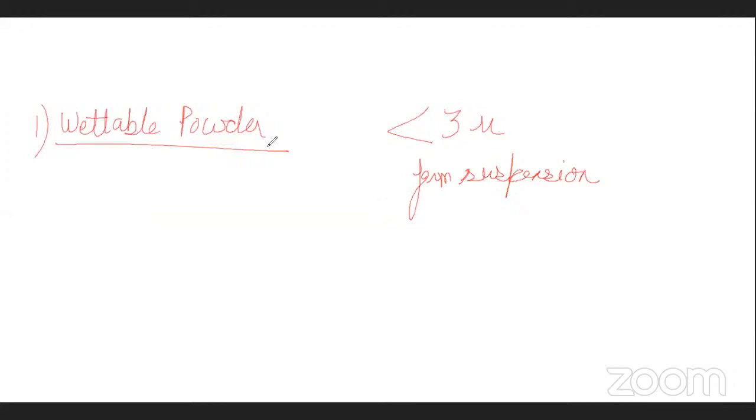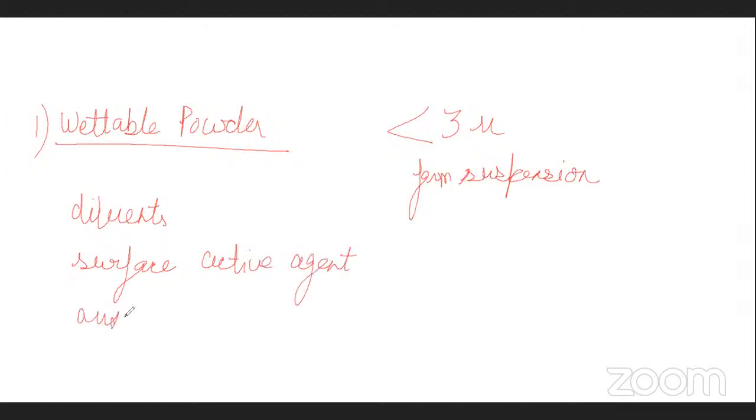And this wettable powder also includes diluents, second the surface active agents or auxiliary materials, and at last it might include the wetting agents.